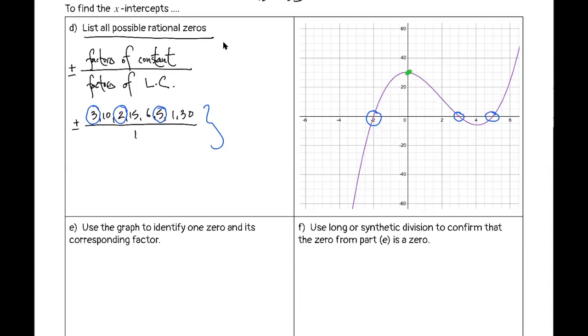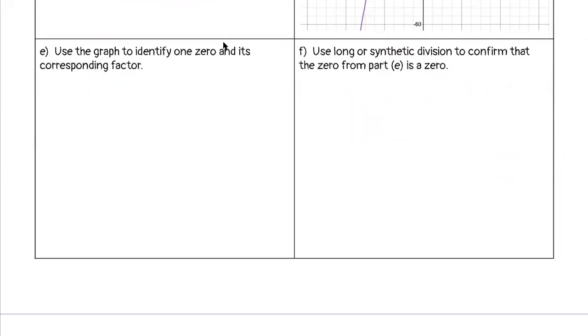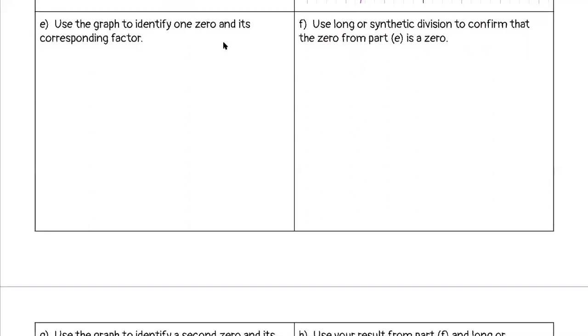So let's use this next part to talk about one of the zeros and the factor. In fact, let's use the example that we did in our warm-up. One of the times where the graph crosses the x-axis is at x equals -2, okay? X equals -2 is the solution for x plus 2 equals 0.